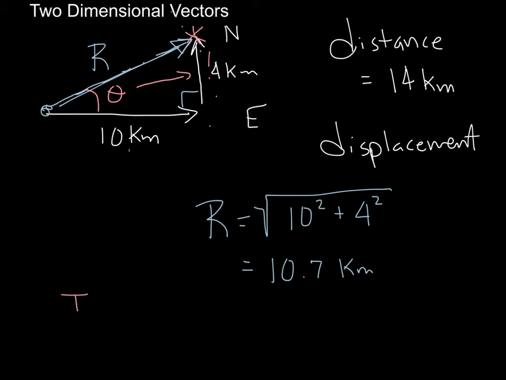So if you remember, tangent is equal to opposite over adjacent. So that's from the TOA. And what that really means is tangent of angle theta is equal to the opposite over the adjacent. So that would be tan theta equals 4 over 10.